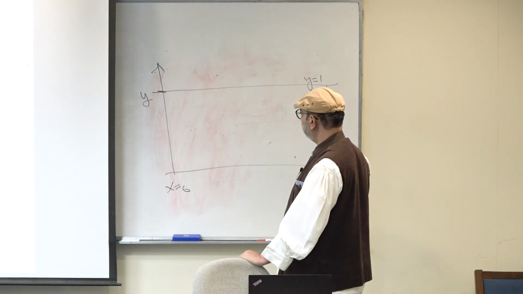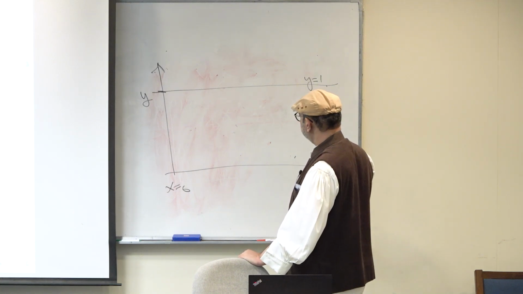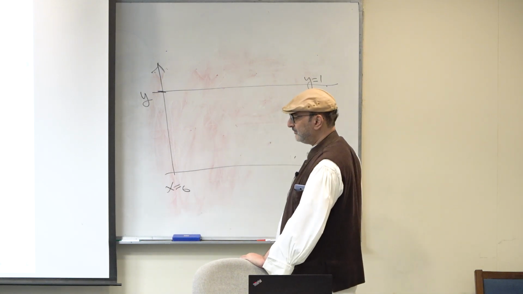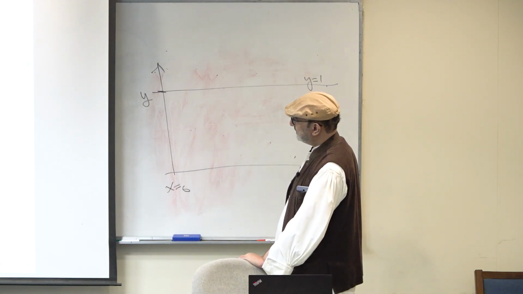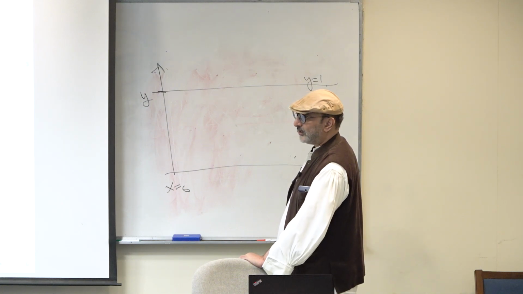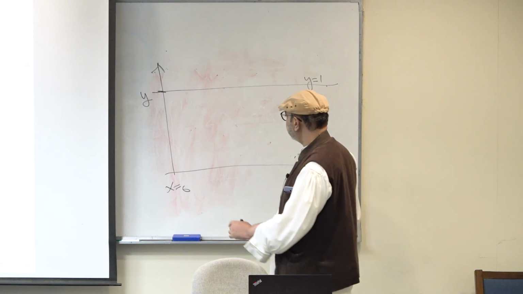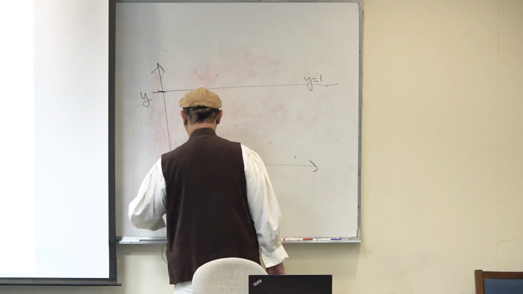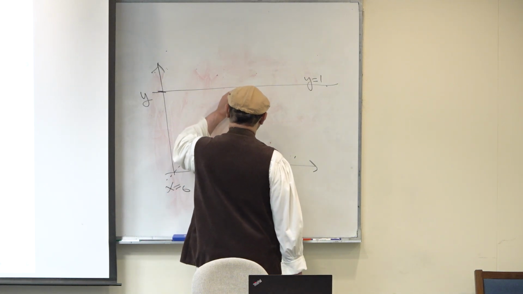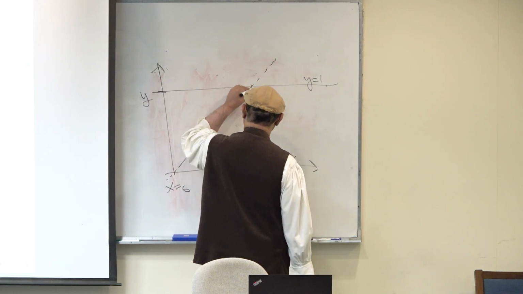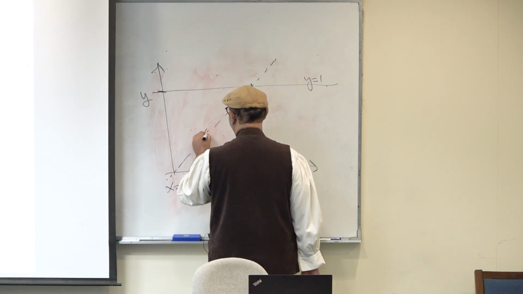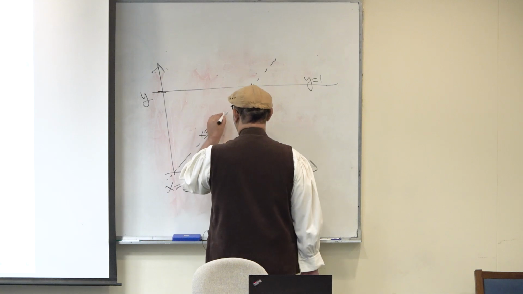Let's see. So the ordered pairs should be lying somewhere in here, actually in a restriction of this region. Now x should be less than or equal to y. So let's draw the line x equals y. So this is the line x equals y, or y equals x.